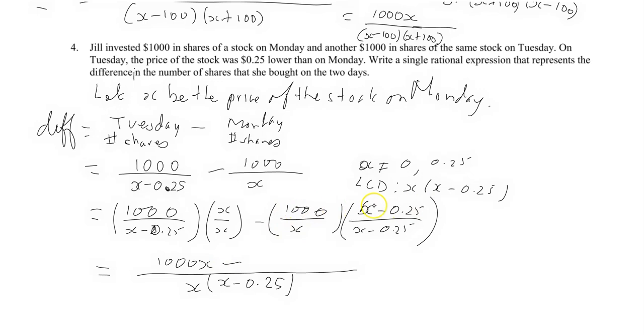So it's going to be minus 1,000x, minus, and you see the minus and the minus, so plus 250. So that works out to 250, right? 1,000x minus 1,000x is just nothing. All right, and there is our expression for the difference in the number of shares that she bought on the 2 days. Okay, and again, we're not solving this stuff, right? That's tomorrow, the next lesson, whatever that is. That's for then. Okay, we're done. Do some homework.